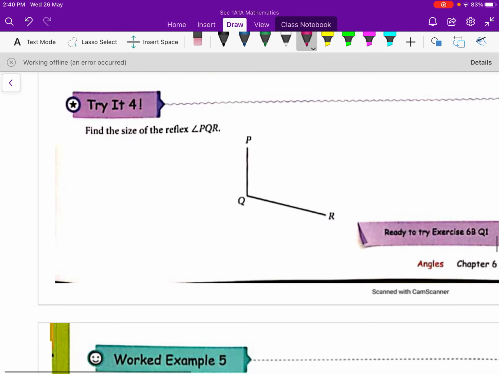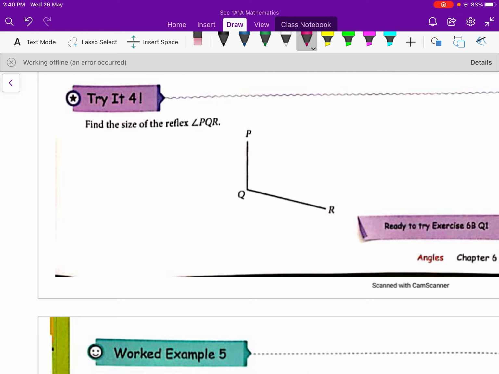So in try it 4, we can see that the obtuse angle PQR, obtuse angle PQR more than 90 but less than 180, we can use our protractor to find this. But the question wants reflex. Reflex is here, whereas this is obtuse.